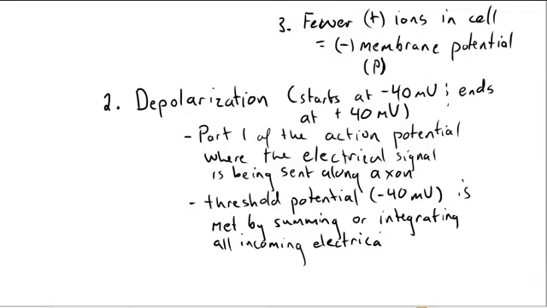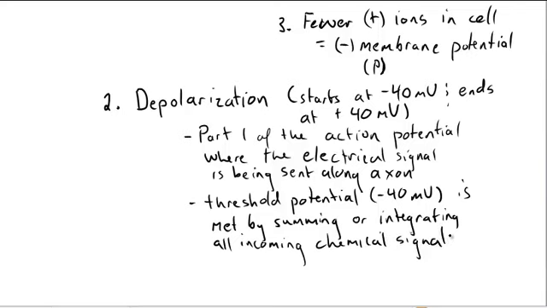All incoming chemical signals. So that dendrite's receiving all sorts of chemical signals that are causing ion channels to open and close. And if the right combination of ion channels open, you get enough positives rushing in that you will reach that negative 40 millivolt threshold.